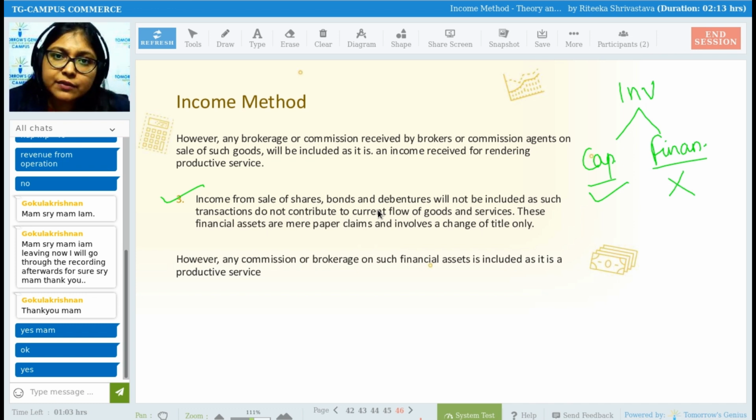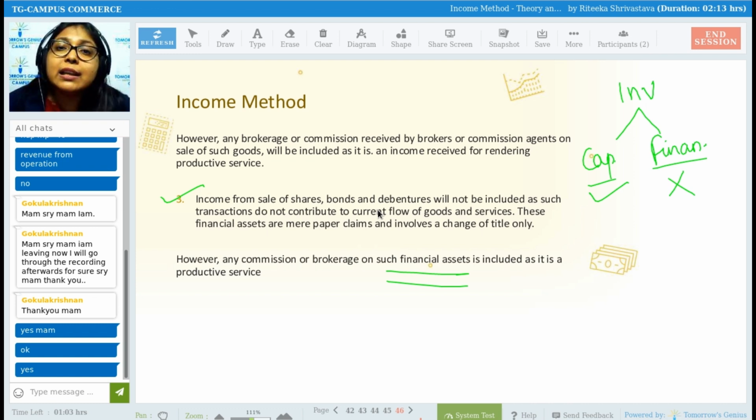So here in the precaution also they have said the same thing. We are not going to include the sale of shares, bonds, preferences, debentures, equity, etc. But again, if there is any brokerage or commission on this financial investment or financial asset, then that will be included. Only the brokerages and commissions, but not the sale of preferences, equities, or anything such like that.